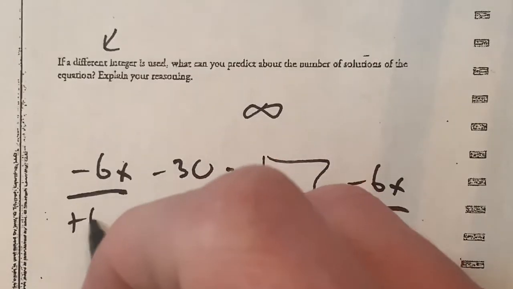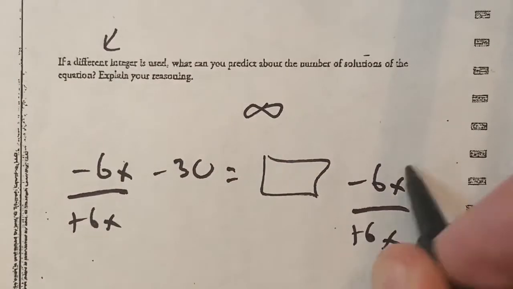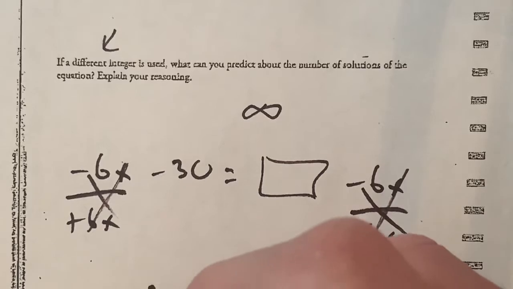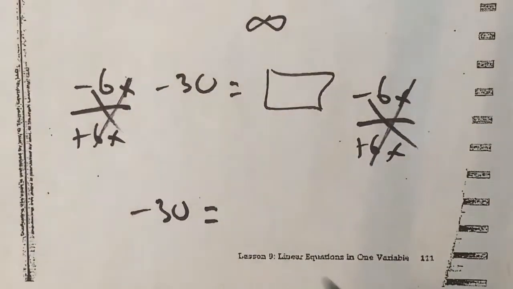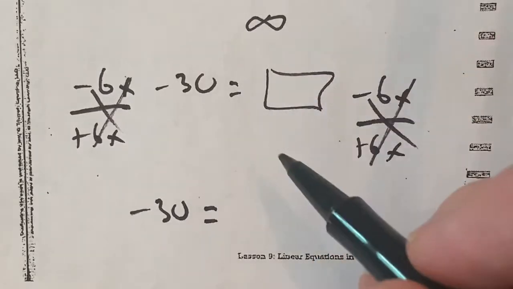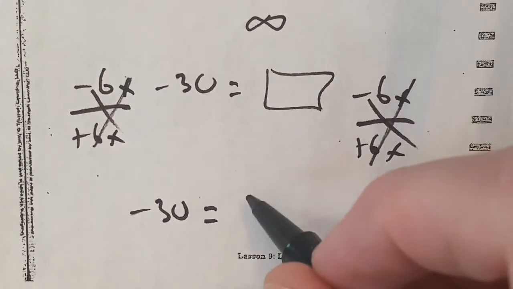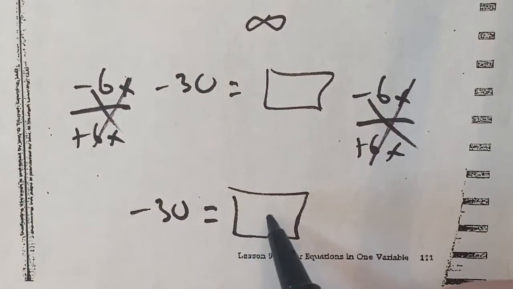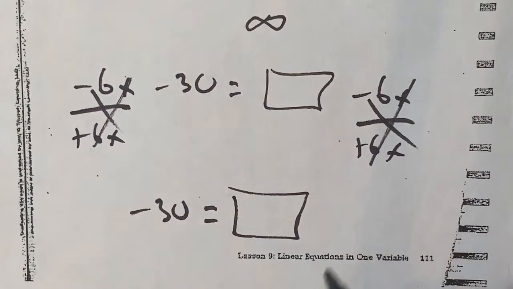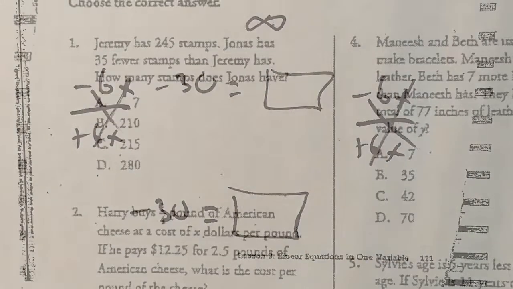Well, if you add 6x on both sides, they're going to cancel. And you're going to get negative 30 equals any other number besides the number you figured out in the previous problem. So you're going to get negative 30 equals some other number than negative 30. And so I need you to think about what's going to happen with this and then answer that question.